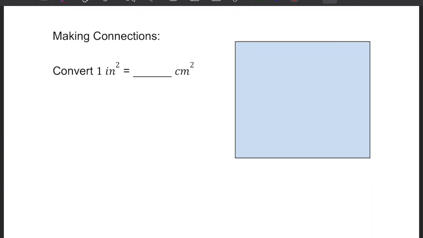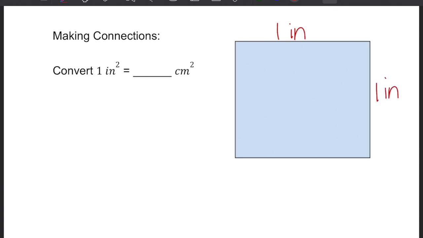We're going to try to make connections between what we know already about area and units of area. If you need a refresher on area and how to calculate that, please go back to the area videos in module 1 and watch those first. To illustrate the connection between units of area, I'm going to start with a square that measures 1 inch by 1 inch.